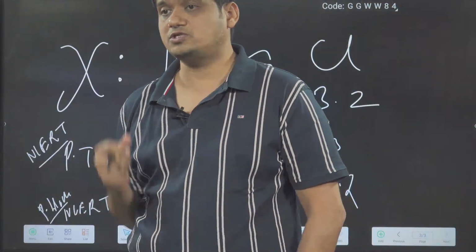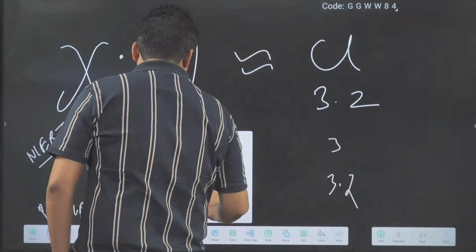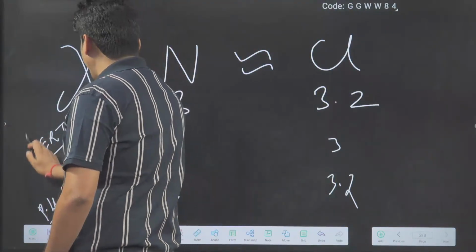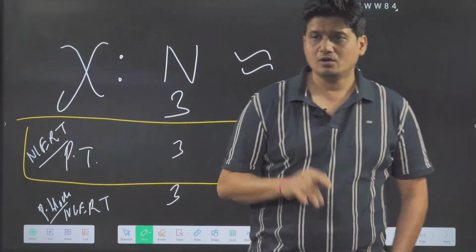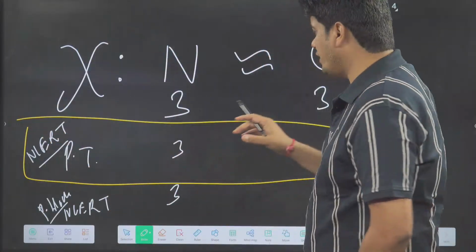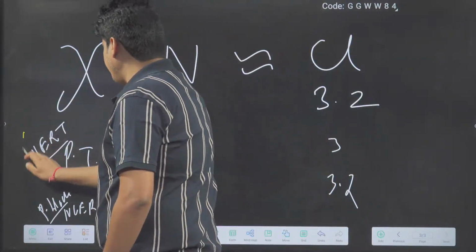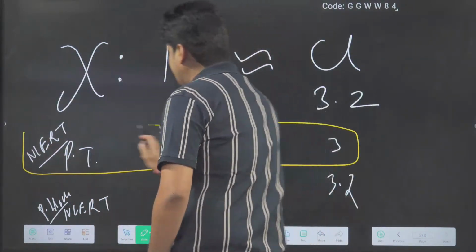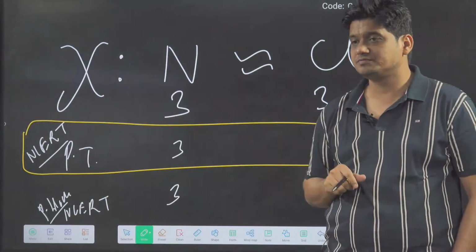Sir, how is it possible? In the periodic table NCERT, when they are writing the values, they are giving one disclaimer. Listen carefully. When they are writing electronegativity values, they give one small disclaimer that whatever values are given, they are approximate values.